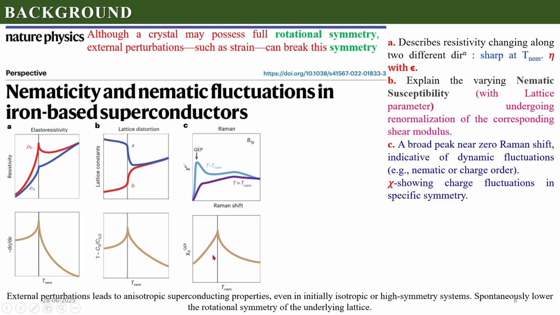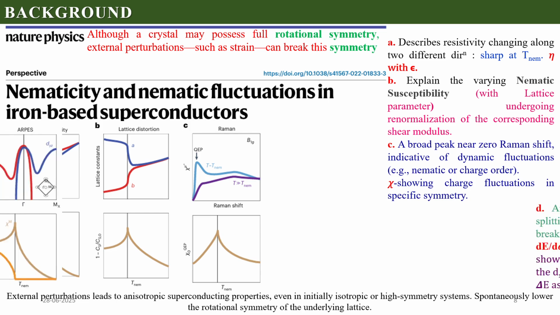And in the susceptibility, the atoms are arranged in different directions, so across the nematic temperature it shows a very high peak, which indicates that the symmetry is going in a different direction.